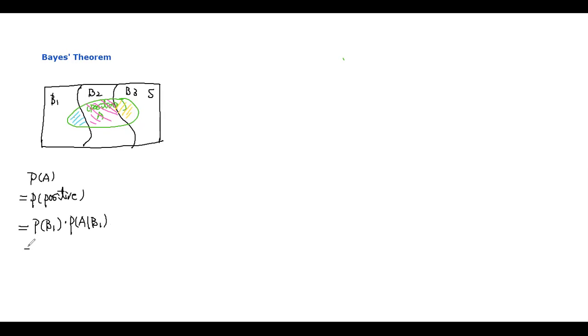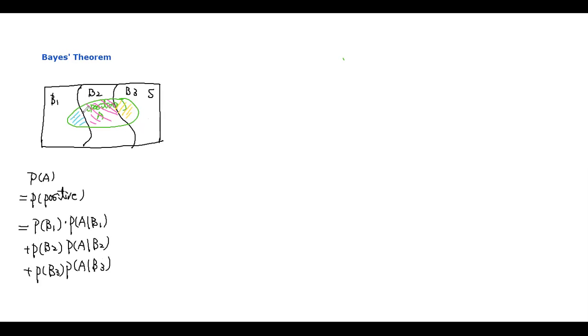Then you add, if you are from B2, the probability of B2 times the probability of a positive given B2. Then B3: if you have been with somebody, you test positive here. That's how you get the positive test result.